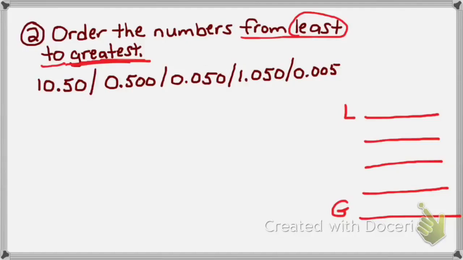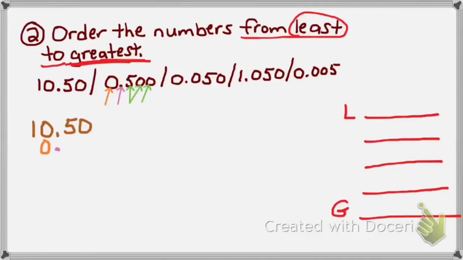Next thing I do is write down my first number, which is 10.50. And again, for the sake of the video, I'm going to line them up, lining up my decimals, and I'll show you in the colors so that you see which one I'm focusing on. So I find my decimal and I put it under the other decimal. To the left of the decimal I have a 0, I'll write a 0.